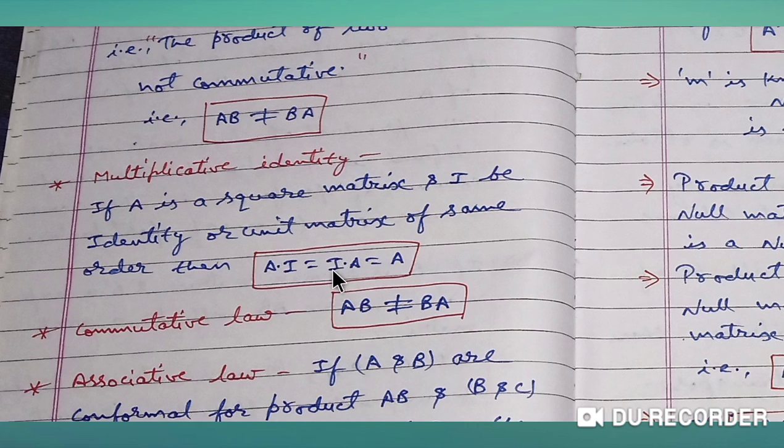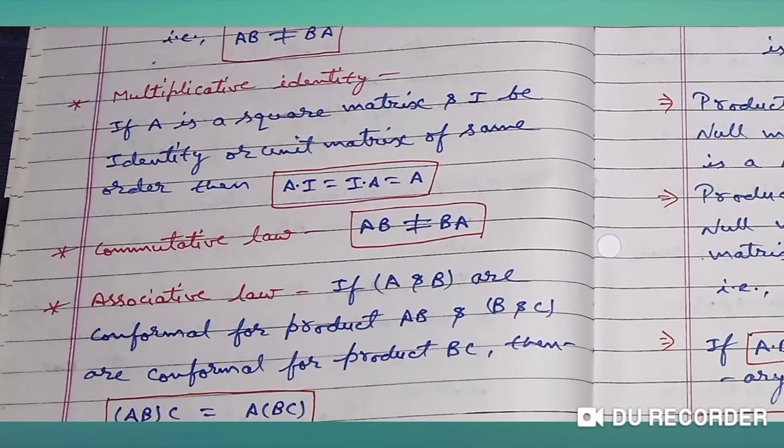Now what about this I? This I is known as the multiplicative identity, because I is a type of matrix that will be multiplied with the given matrix A, and after the multiplication the product will be the matrix itself. Now coming to the commutative law for matrices.